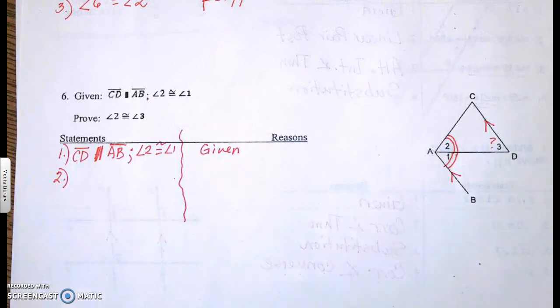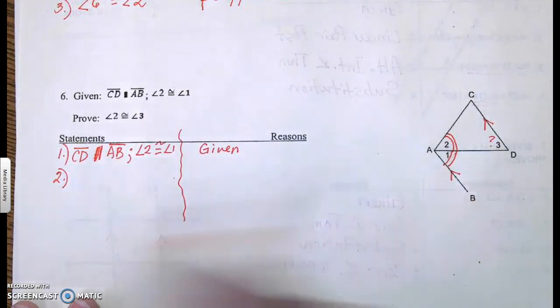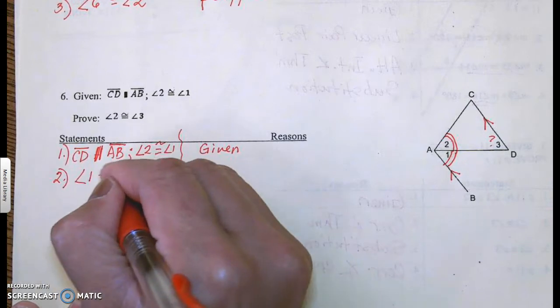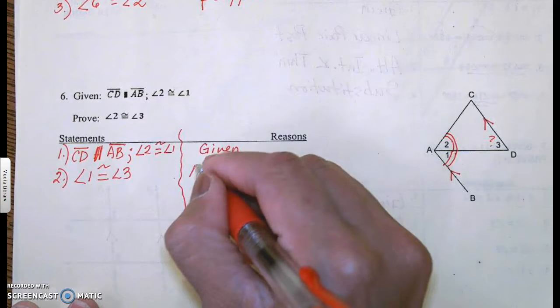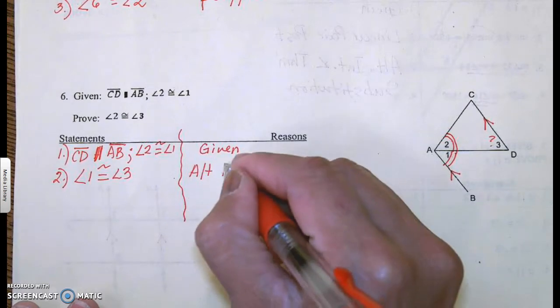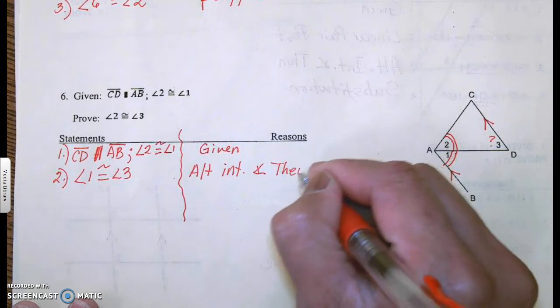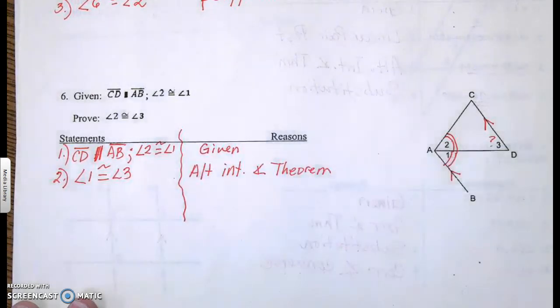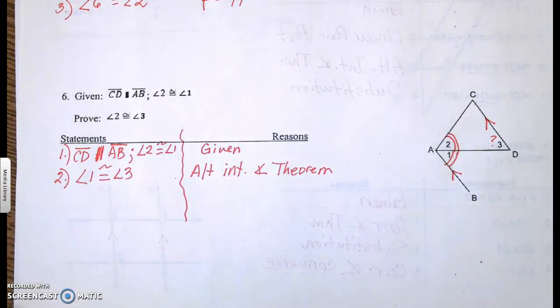Okay, very good. After waiting on some people to respond, one of you had said that angle 1 is going to be congruent to angle 3. And that is because of the alternate interior angle theorem. Okay, after saying that, you are now permitted.